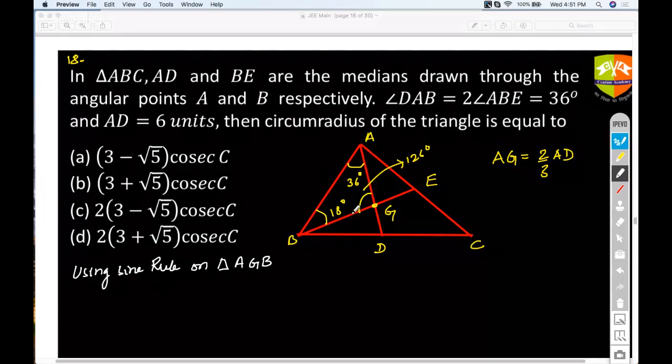Okay. So can I say AG by sine 18 degree will be equal to AB by sine 126 degrees? Correct?